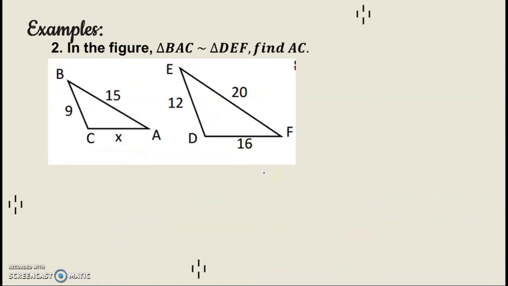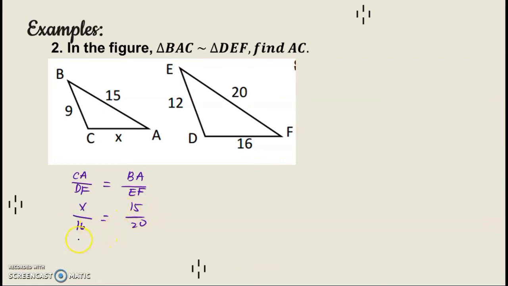Okay, next. Number 2. So, in the figure, triangle BAC is similar to triangle DEF. Find AC. Okay, next. So, we have CA over DF is equal to BA over EF. Tama? So, CA is x over 16 is equal to 15 over 20. So, cross multiply lang natin.